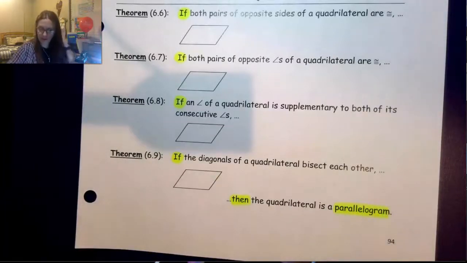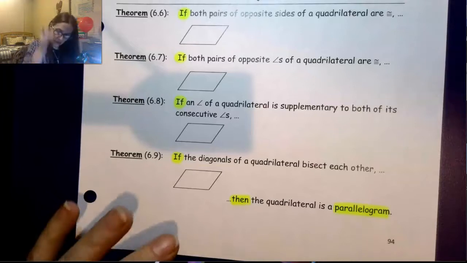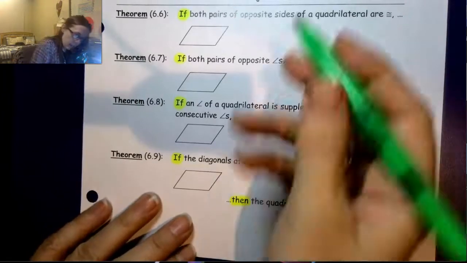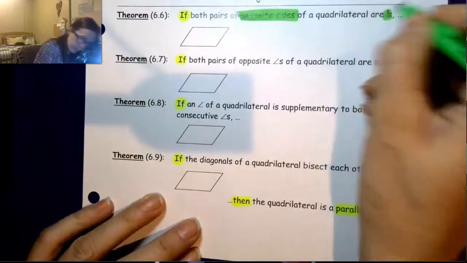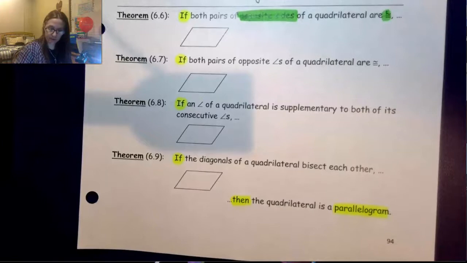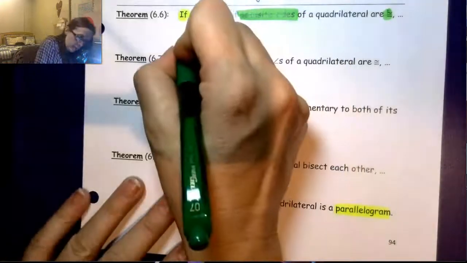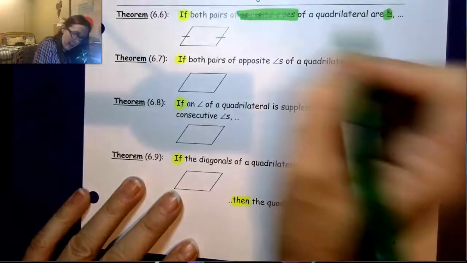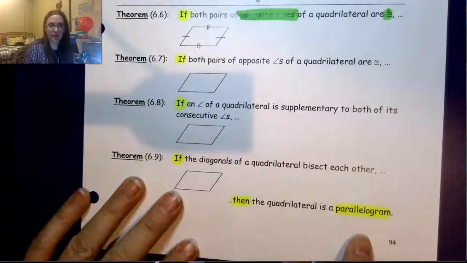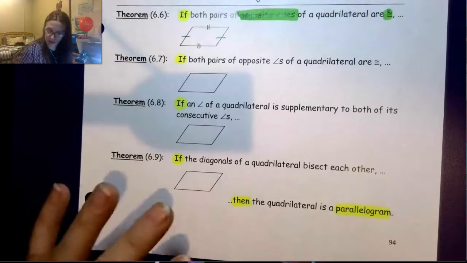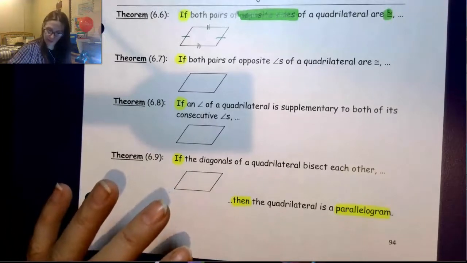Our first one is, if both pairs of opposite sides are congruent. I'm going to do this one in green. If I know these two sides here are congruent and these two sides here are congruent, then I know I have a parallelogram.